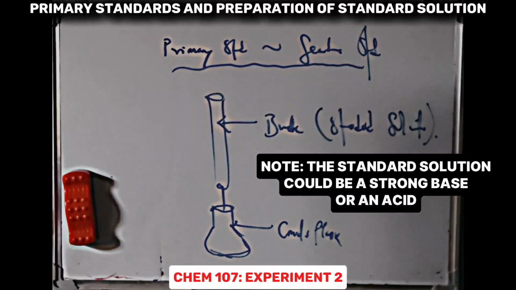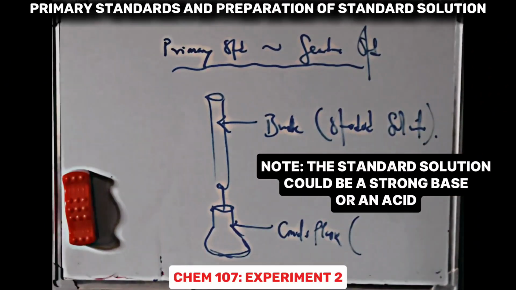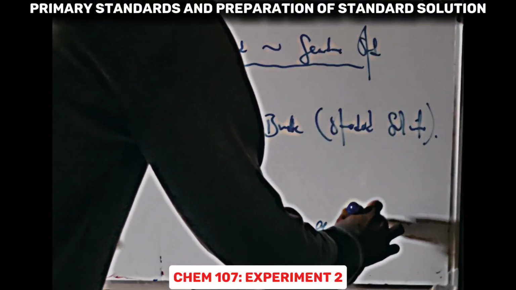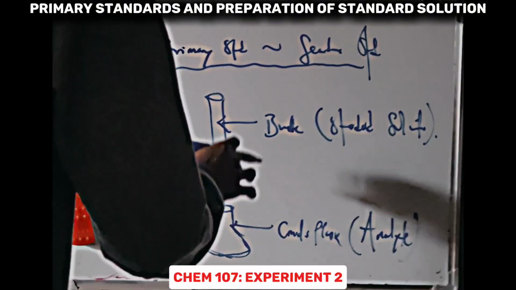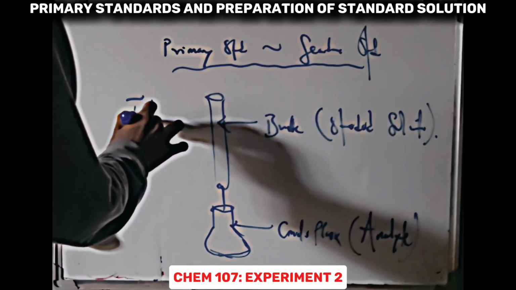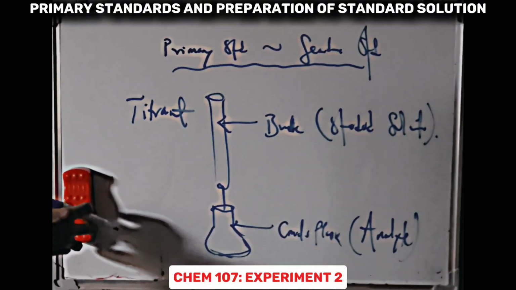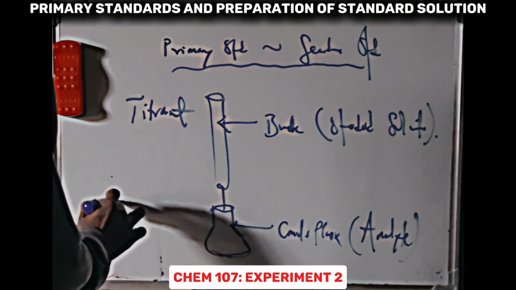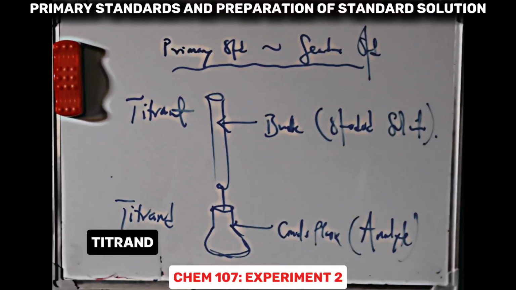While the solution that you want to determine the concentration of, we call it the analyte. The solution in the burette has a name, we call it the titrant, while that in the conical flask that is pipetted is the analyte. You should know these differences.